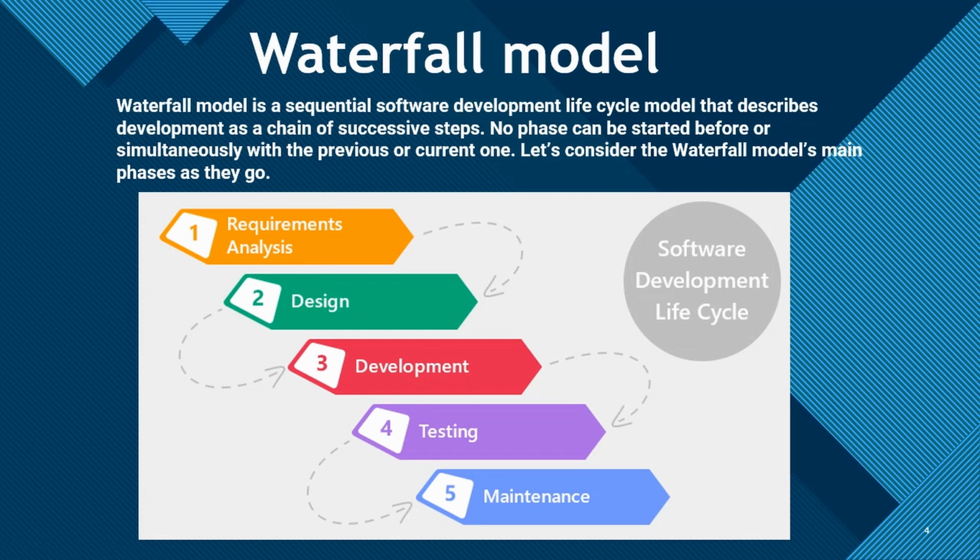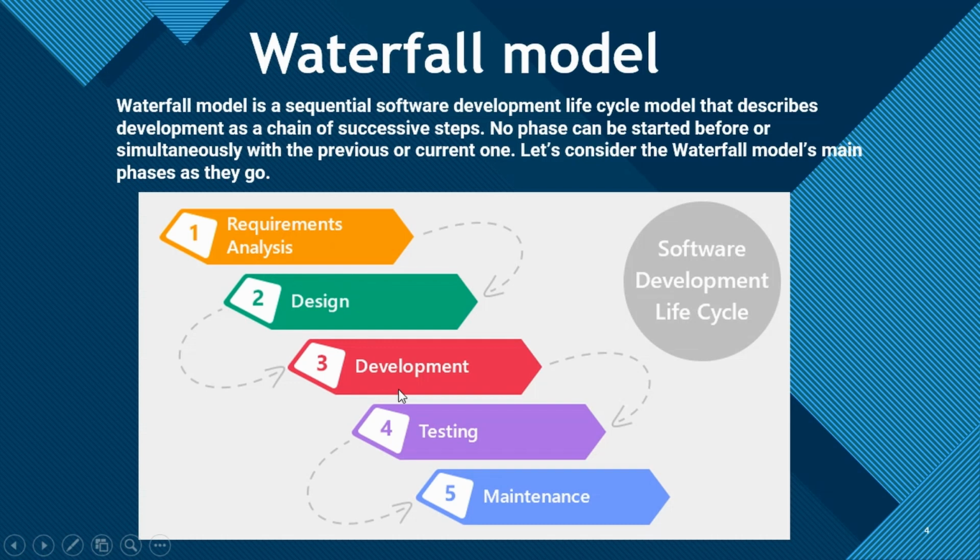We even cannot go back one step if we do something wrong. Let's say we are in the development phase and we see something is wrong. We cannot just go one step back to design, or fix it in the development process, because if we do so, our entire requirement paper will be wrong.